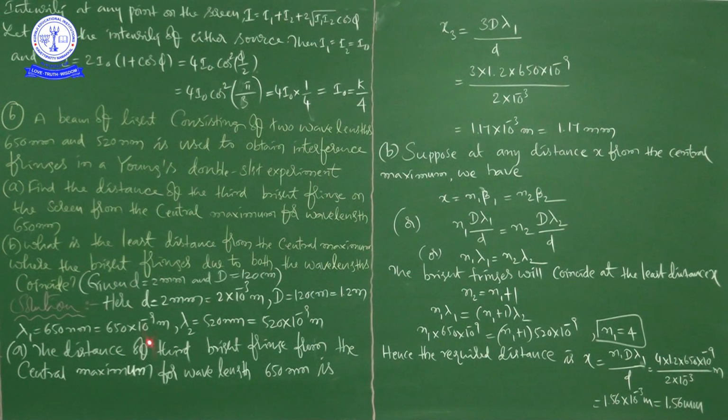In the next problem, the sixth problem, there are 2 parts, A and B. In A we calculated the distance of the third bright fringe on the screen from the central maximum for wavelength 650 nanometers, and in B we calculated the least distance from the central maximum where the bright fringes due to both the wavelengths coincide. It was 1.56 millimeters, okay, right.